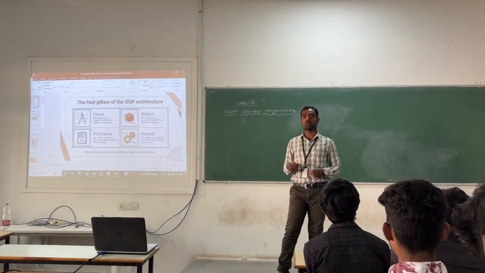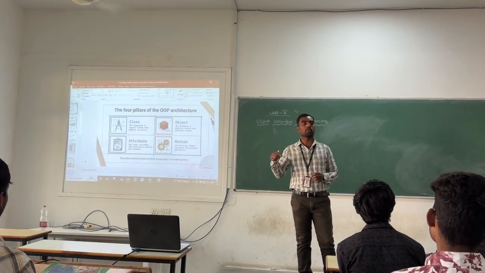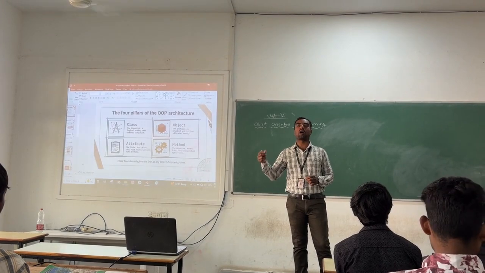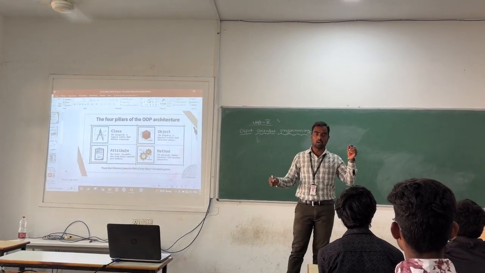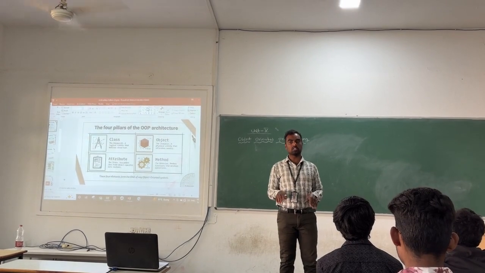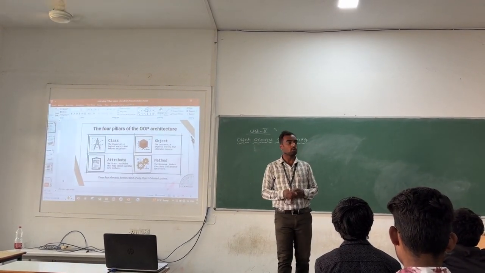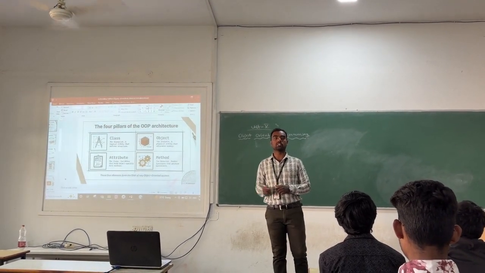So what is object-oriented programming? Object-oriented programming is a programming paradigm. It contains classes and objects instead of using functions, loops, and conditions. In this object-oriented programming, you are not using any functions or any conditions.